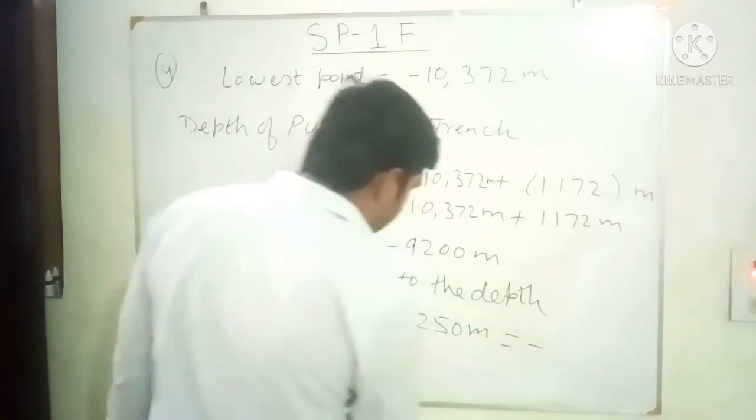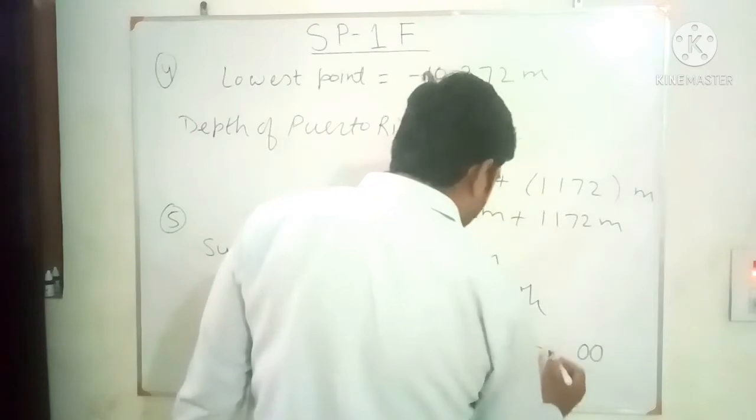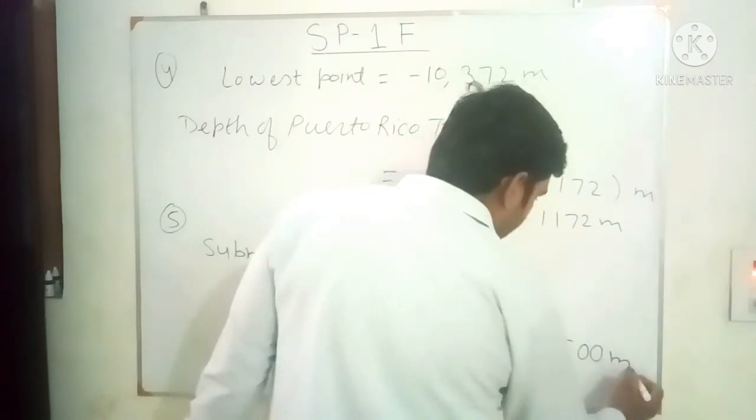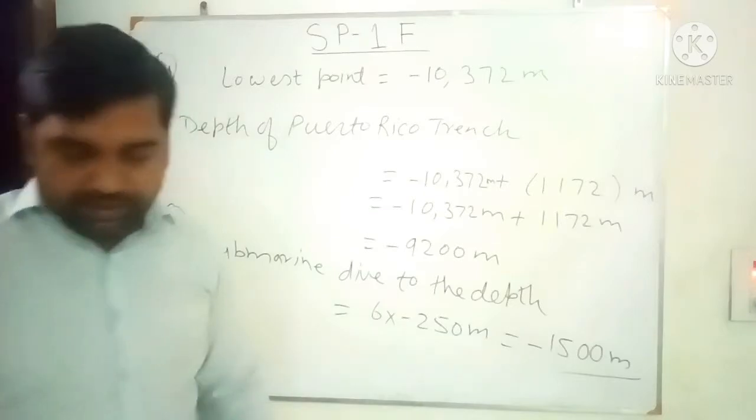So plus times minus gives minus. We multiply: 6 zeros are 0, 6 5s are 30, 0, carry 3, 6 2s are 12, plus 3 is 15, minus 1500 meter. So the submarine will dive to minus 1500 meter.